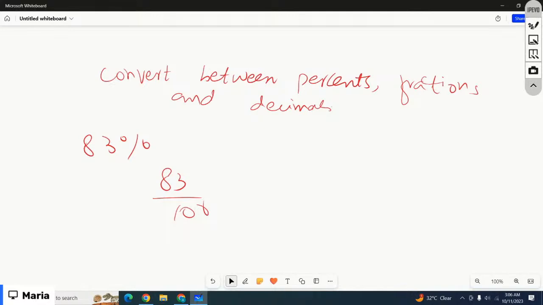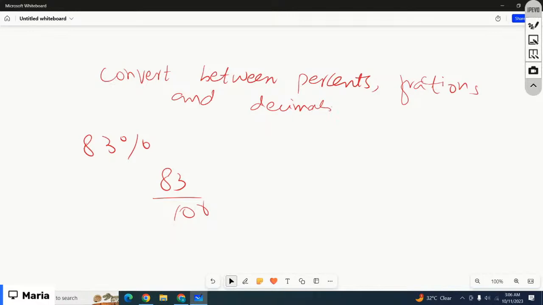You do not have any common number that can divide both numerator and denominator. That means 83% means 83 out of 100. So that's how you write the answer in fraction form when you are given the percentage form, right?